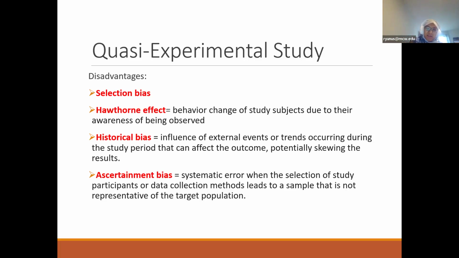Now, ascertainment bias is systematic error when the selection of study participants or data collection methods leads to a sample that is not representative of the target population.